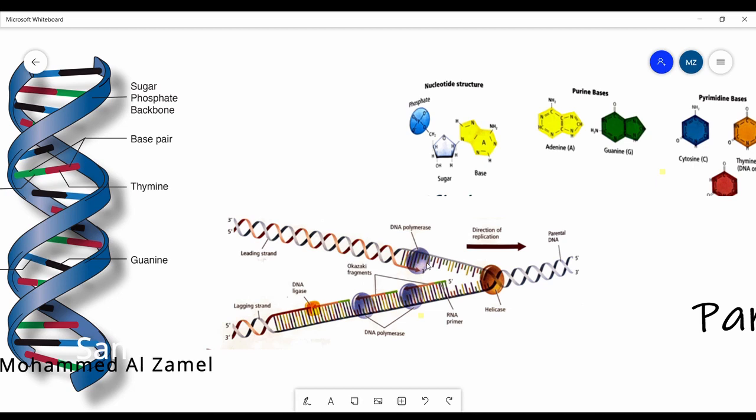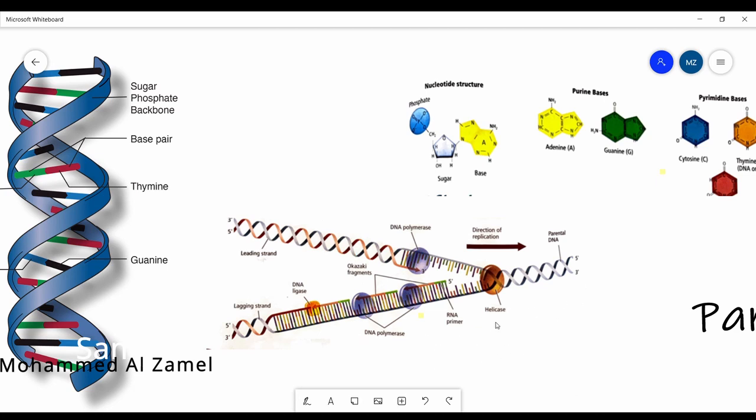The leading strand elongates when the DNA double helix is unzipped, and the lagging strand elongates away from the replication fork, the area where the replication occurs.